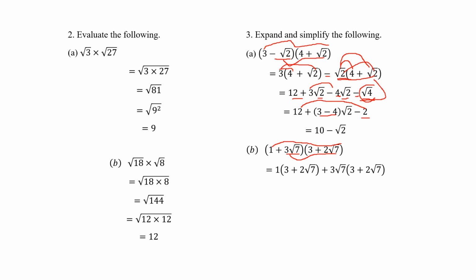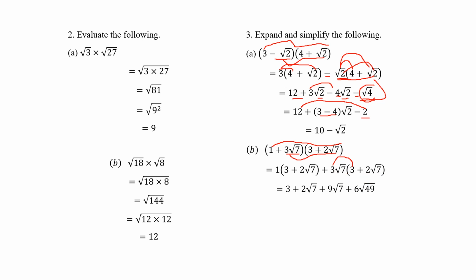Then when we come here, 3 root of 7, it's only 3 which is going to multiply with the 3, because both of them are not under a square root, then times the root of 7. Then when we multiply this times that one there, the 2 will multiply the 3, and the root of 7 will multiply with the root of 7. So we are having something like that.